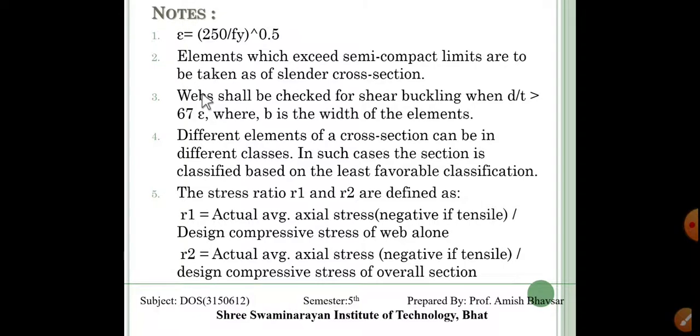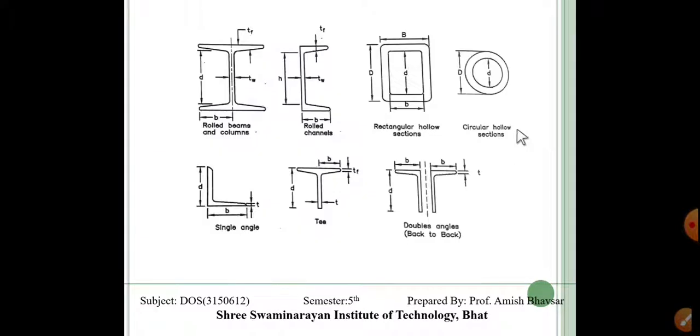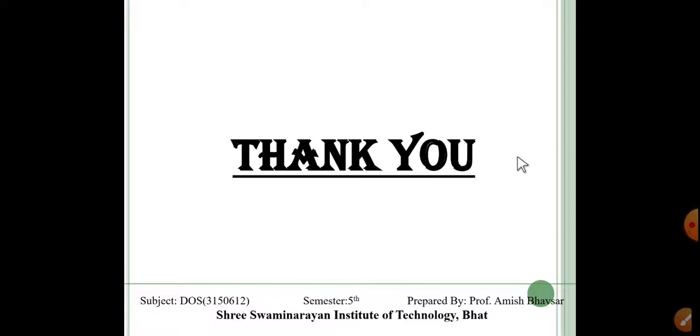This is very important. It is also given in the code, page number 18. These are the sections given on page number 19, and how we will use the b, d and h, all the data of the particular section given over here, is used in finding out our class.